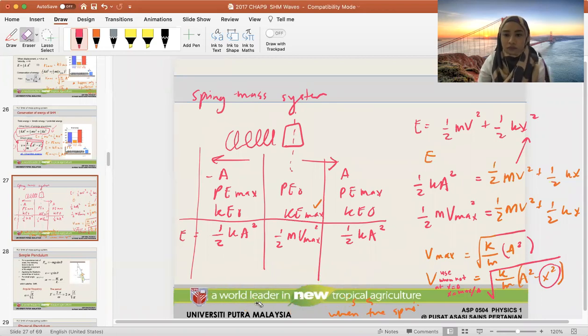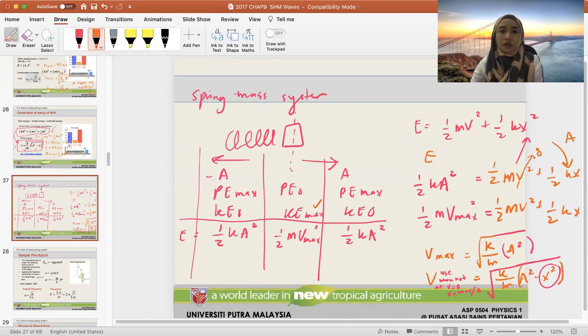So basically x tu samalah dengan A. Kalau awak sampai tempat maximum displacement, maximum displacement becomes A. Sama, 1/2 KA squared, 1/2 KX squared.